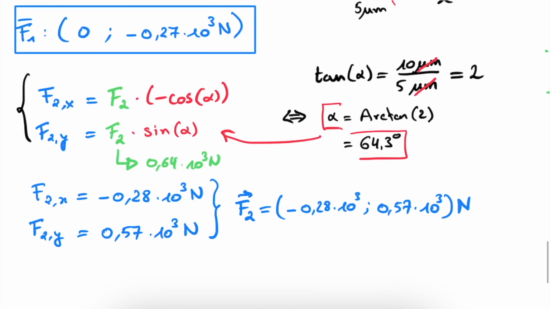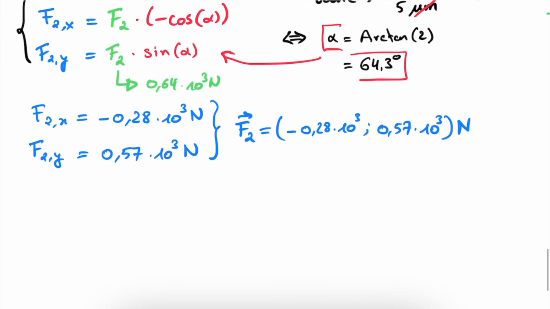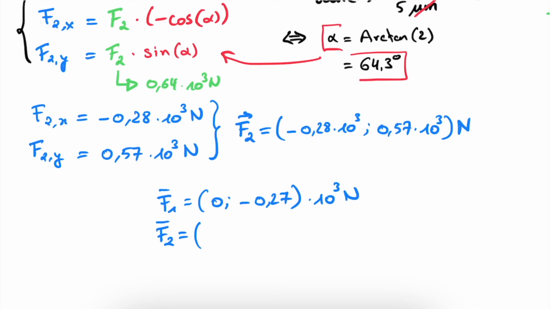And this finally allows us to make the calculation that we need, because we found that F1 is equal to 0 for the x component and minus 0.27 for the y component. And then we multiply this by 10 to the power of 3 Newton. And we found that for the F2, the repulsive force, the x component is minus 0.28 and the y component is 0.57.